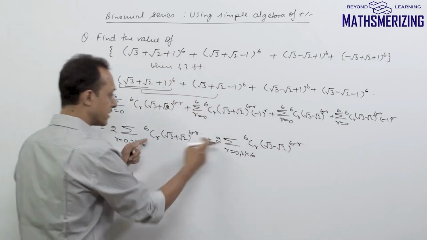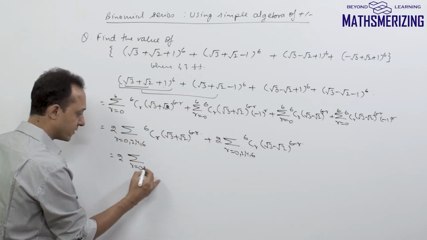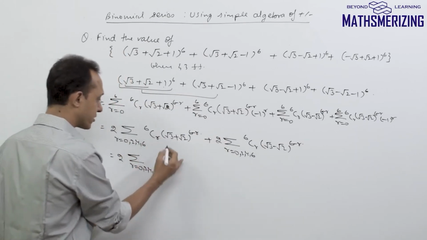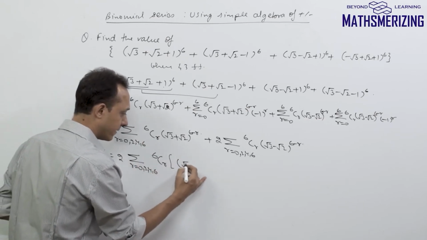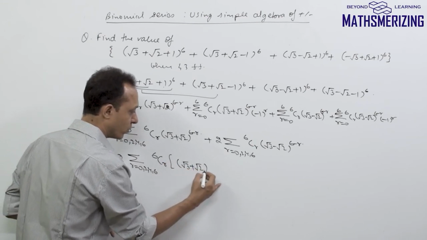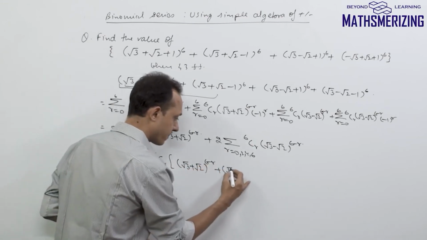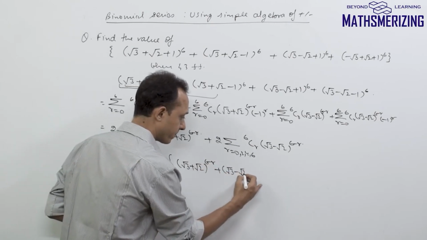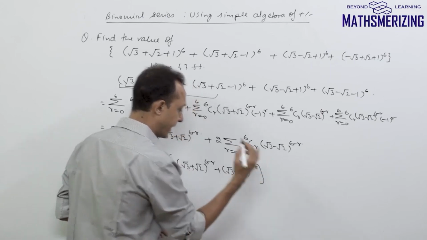Now I'll take the two summations together. So I'll write it as 2 times summation r varies over 0, 2, 4 and 6, and I'll also take 6Cr common. Then I'll write it as (root 3 plus root 2) to the power 6 minus r plus (root 3 minus root 2) to the power 6 minus r.